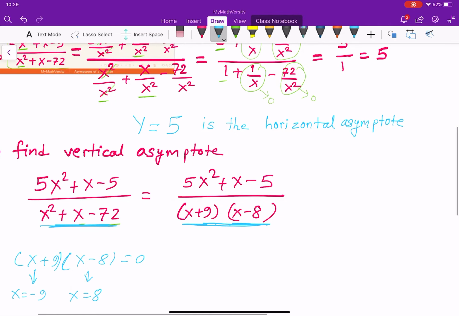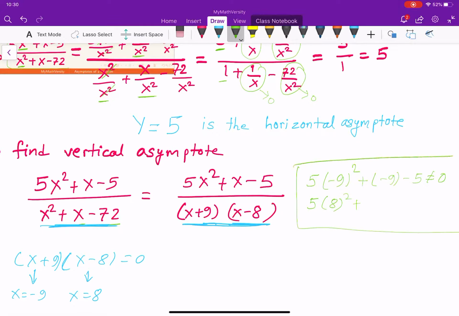But exactly at those two numbers, if you check the numerator, let me replace x by negative 9 in the numerator, and then plus negative 9 minus 5. This is not equal to 0 at negative 9. Not only that, if you replace x by 8 in the numerator, you can clearly see this fact over here, 8 minus 5.